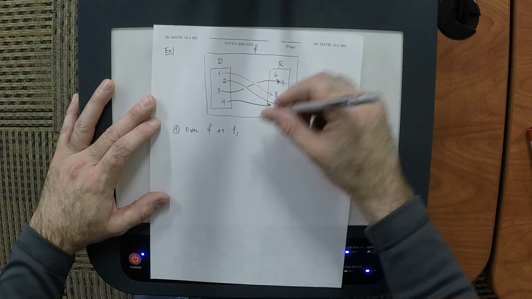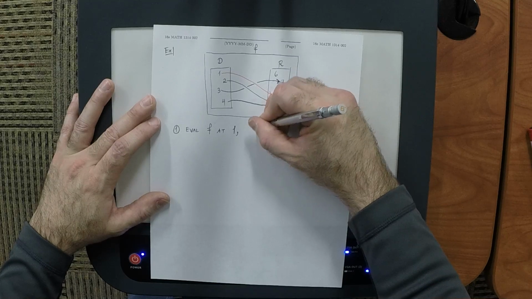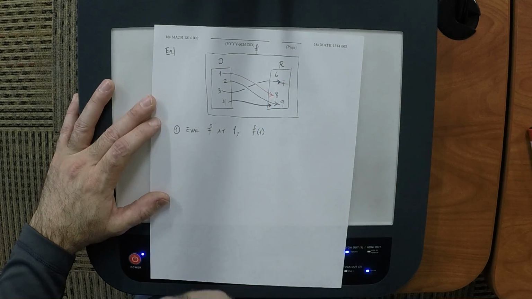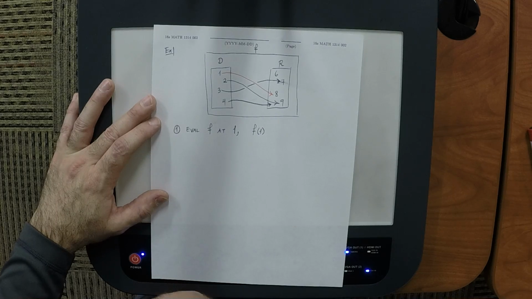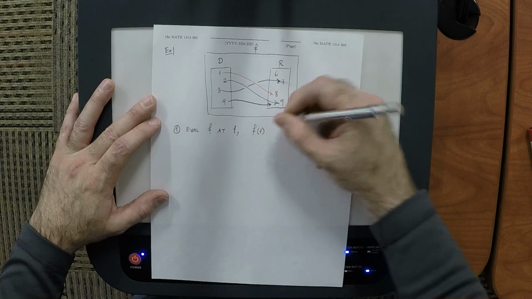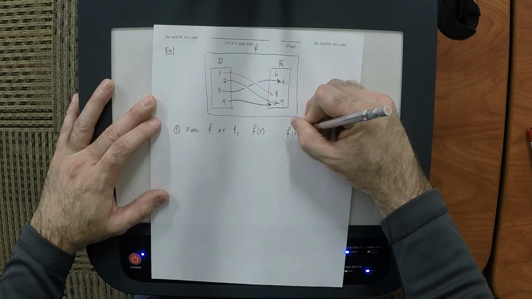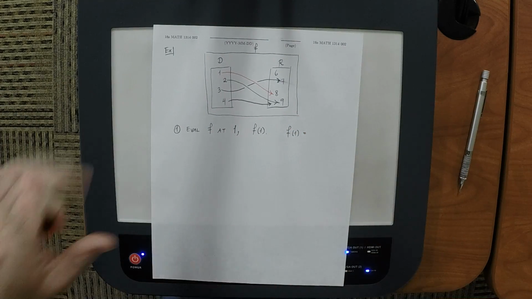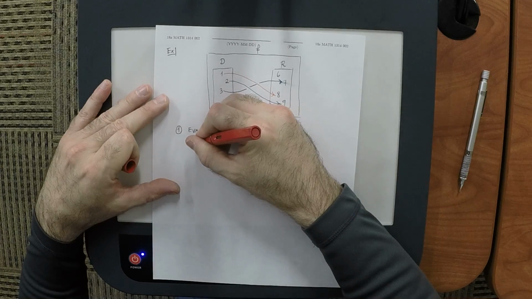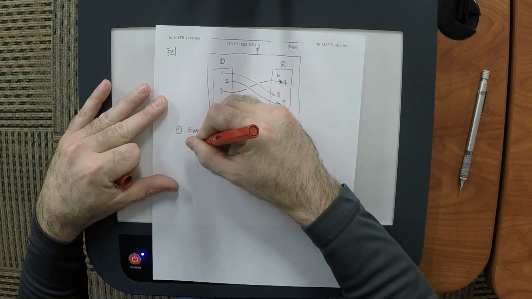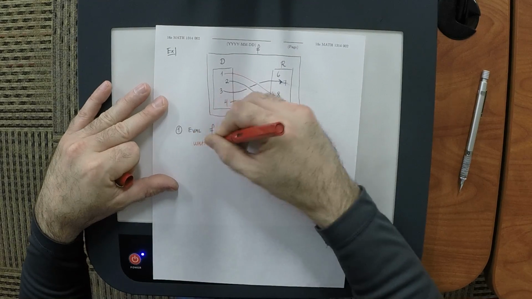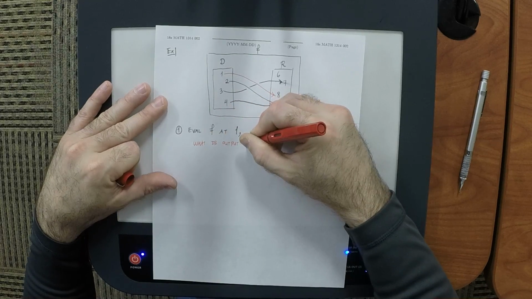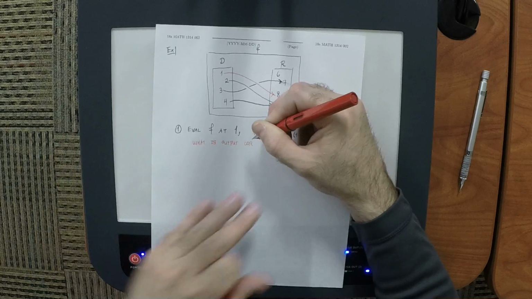The way you write it in math language is like this: f, and then open parentheses, 1. So what is f evaluated at 1? The question in plain language is, what is the output corresponding to input 1?